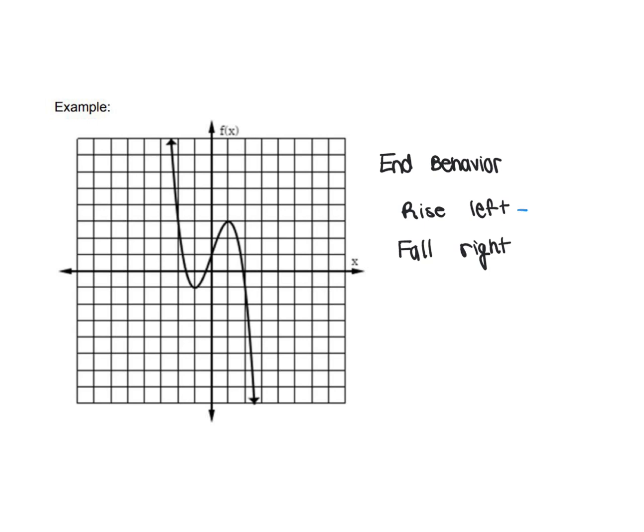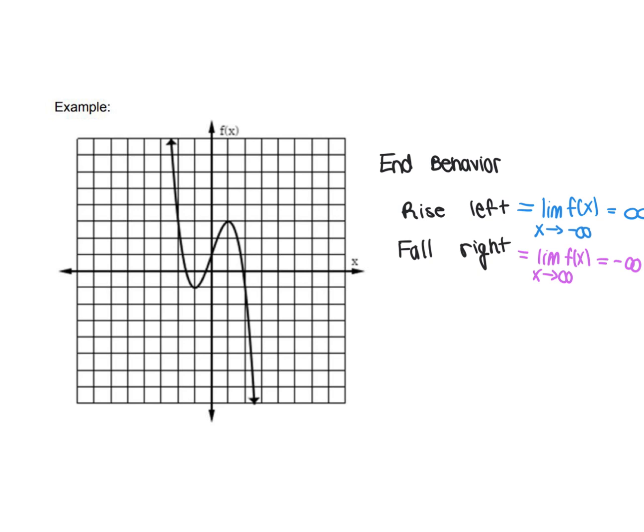So rise left, this is the same as the limit as x approaches negative infinity of f of x, which is going to be positive infinity because it rises. Fall right, the limit as x approaches positive infinity, because we're going right, of f of x, is negative infinity.